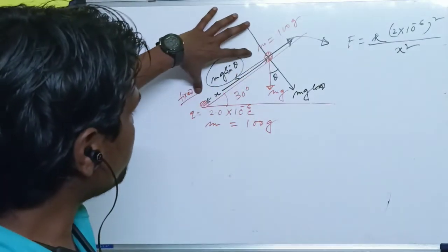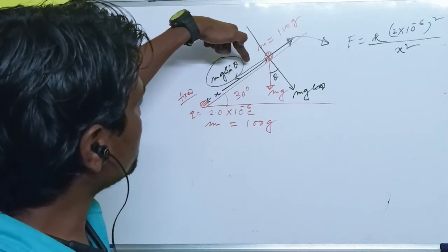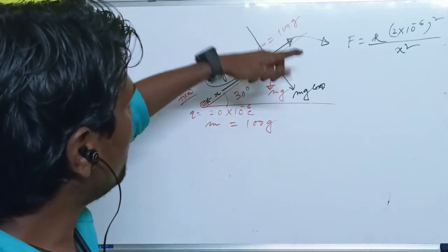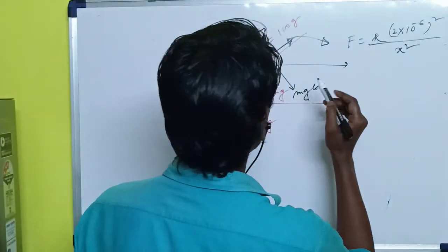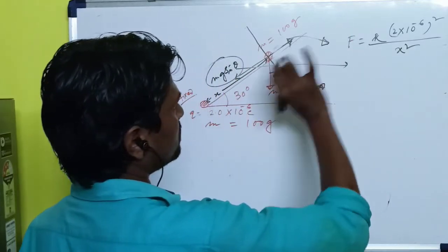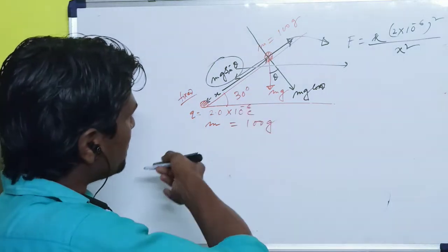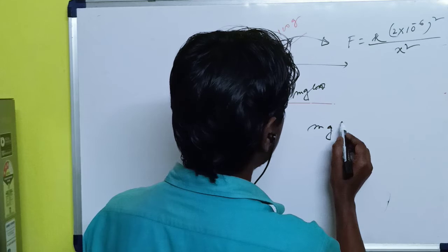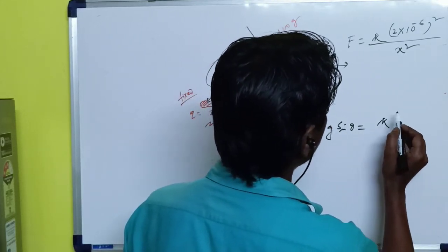Two charges are kept at a particular distance x, so F equals proportionality constant kappa into q1 q2 by x squared. This equals the component mg sin theta, the downward force, and the repulsion force acts along this direction. So in equilibrium condition, mg sin theta equals the repulsion force.